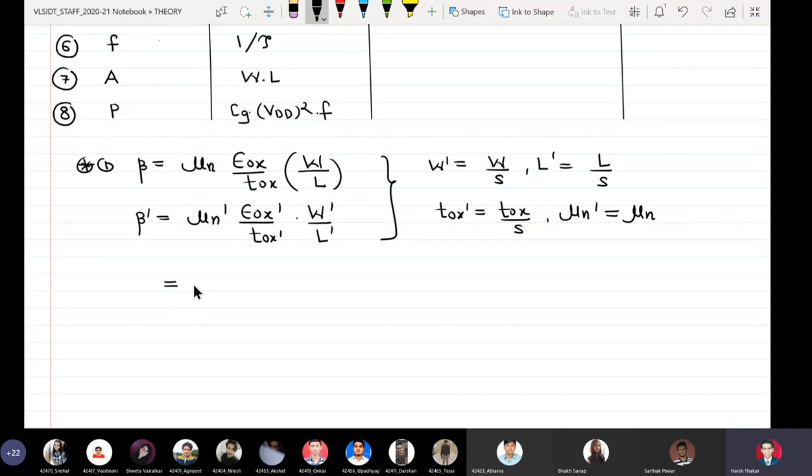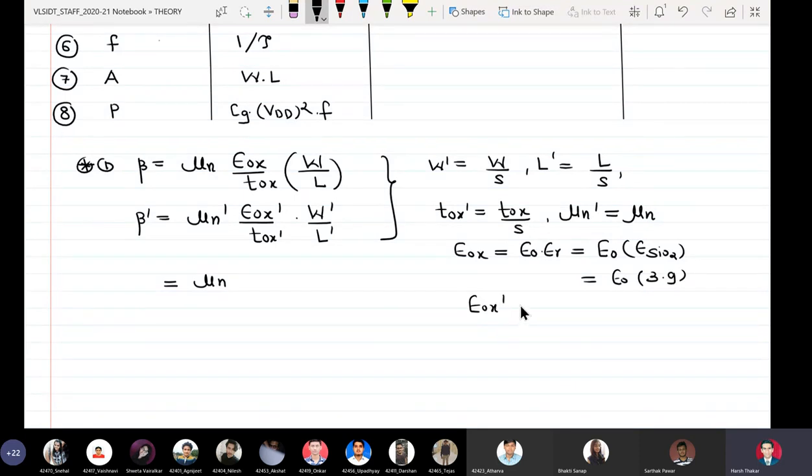So beta dash will now be equal to mu n, and epsilon ox is also the same. Epsilon ox is equal to epsilon 0 into epsilon r, which is the absolute permittivity into the epsilon of SiO2, which happens to be 3.9. So epsilon ox dash is also equal to epsilon ox. Epsilon ox and mu n will not change.